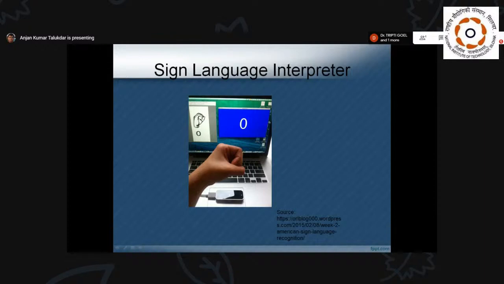Only hearing impaired people know it and communicate among themselves. But for healthy people like us to communicate with them, we have to learn sign language, which is very difficult.